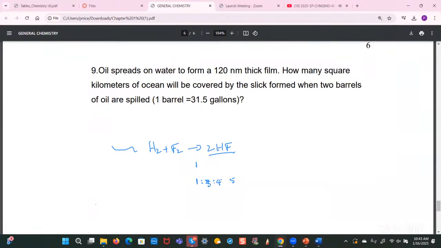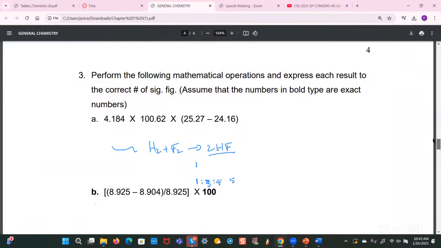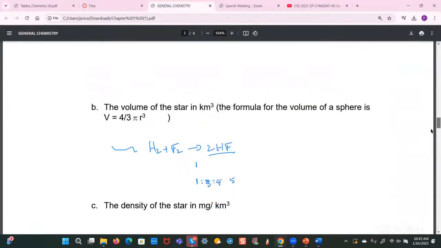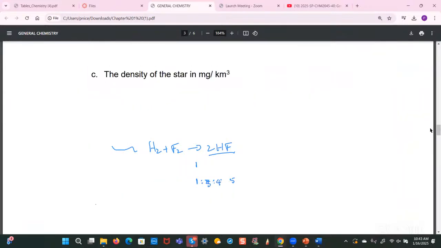Part 2, okay, here, yeah. What about it? Well, basically for that one, I divide the mass that we got in the A part by the volume in the B part, and that gives you the answer.